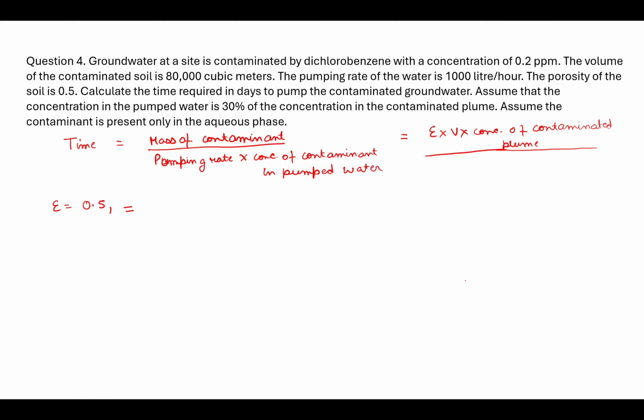We have the volume of contaminated soil as 80,000 cubic meters, and we have been given the pumping rate as 1000 liter per hour. So we will convert this into meter cubes per hour. So 1000 divided by 1000 to convert into meter cubes. So it will be 1 meter cube per hour.